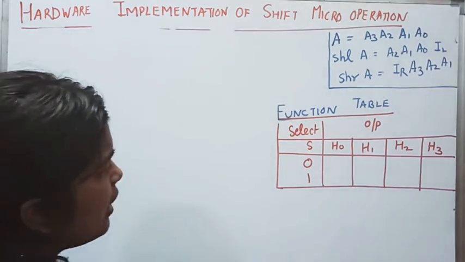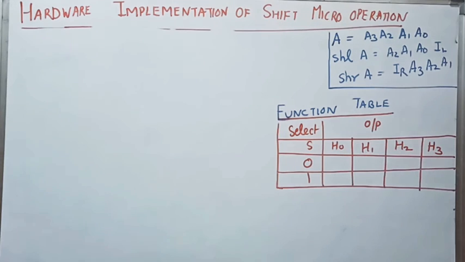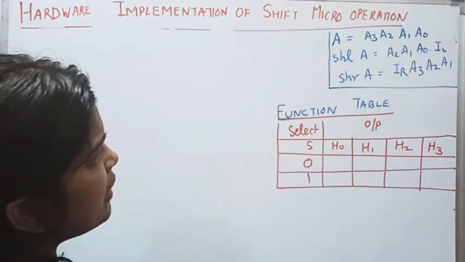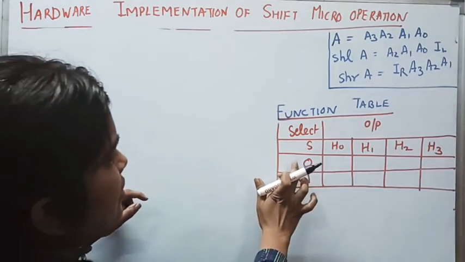Now what will happen when the selection line is 0? When the selection line is 0, the shift right operation will take place.